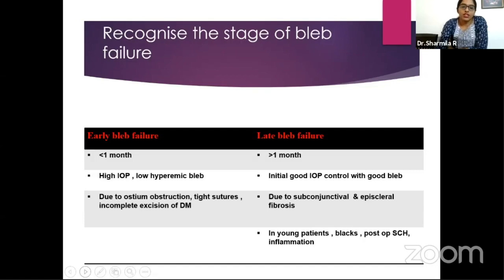That is, whether there is an obstruction at the ostium because of tight sutures or incomplete perforation of the Descemet's membrane, then that has to be an early failure and we can address it at an earlier stage. Whereas a subconjunctival or episcleral fibrosis will start off early, but it may be there for a longer time and this will need a lot of intervention.